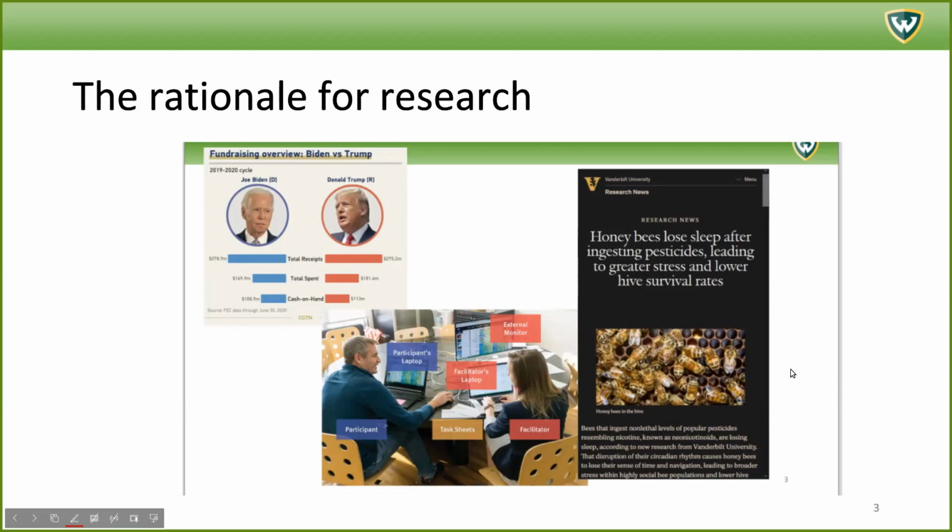If you are concerned about politics, maybe you are interested in how much funding different political candidates are raising. And you may ask, why is this important?